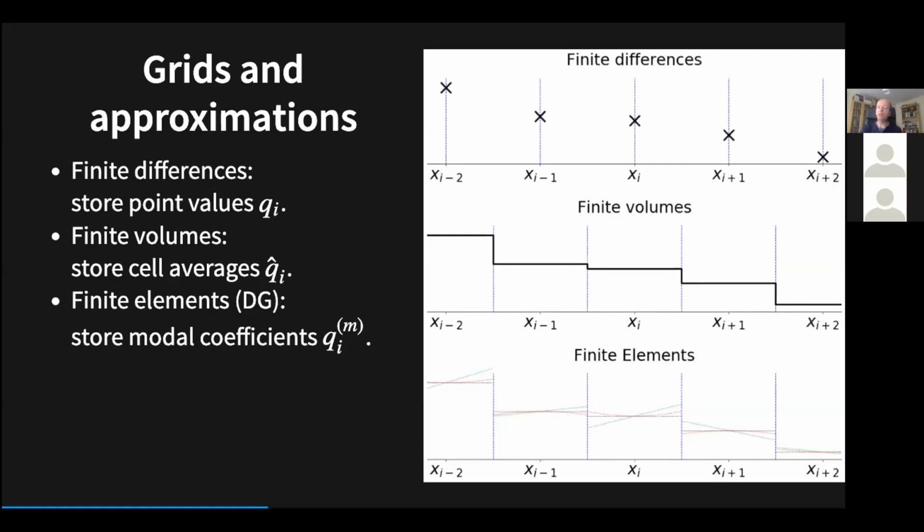But we could equally well impose that the solution is piecewise linear or a cubic spline. Anything works, as long as the interpolating function is within any individual cell consistent with the average value within that cell.